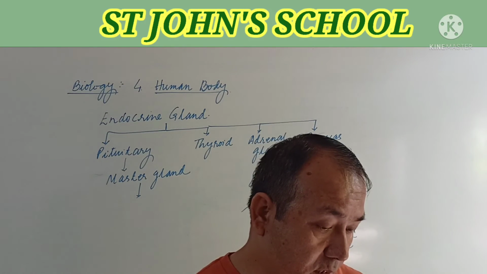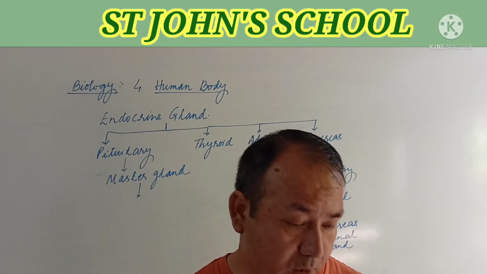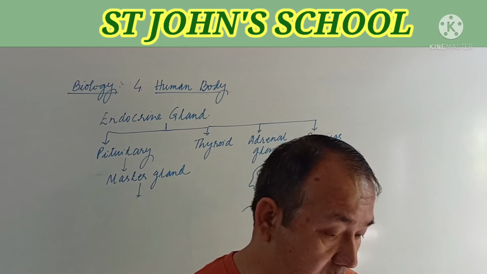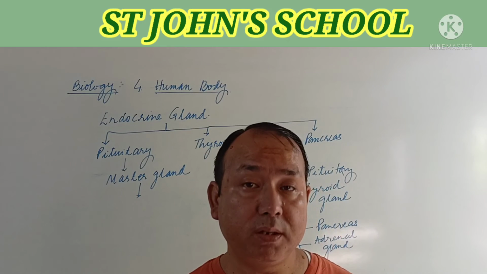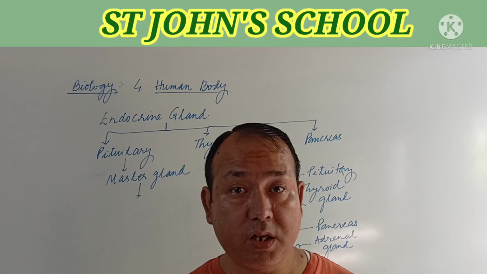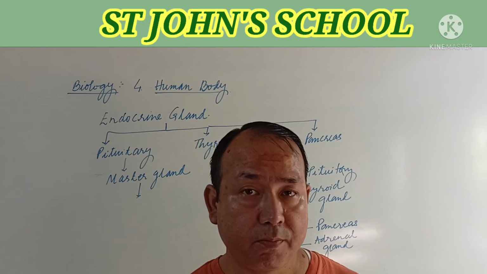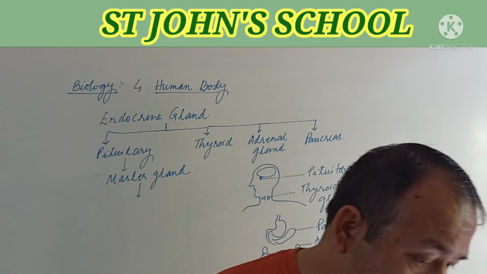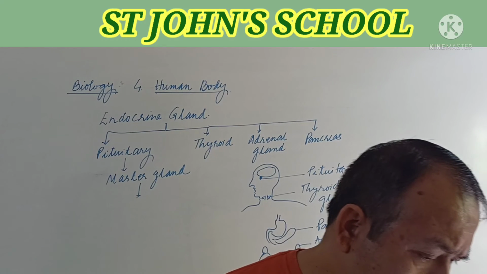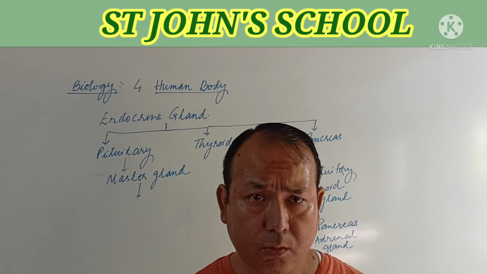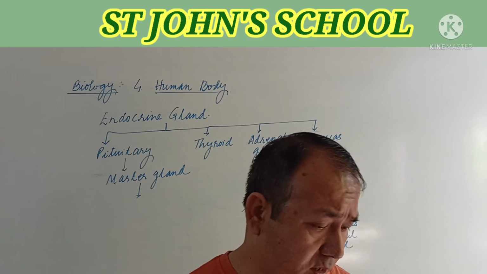What it does is it causes the uterus to contract during childbirth. Then antidiuretic hormone regulates the reabsorption of water in the kidney, and thus it helps in maintaining the water balance in the body. This is what it is given here.